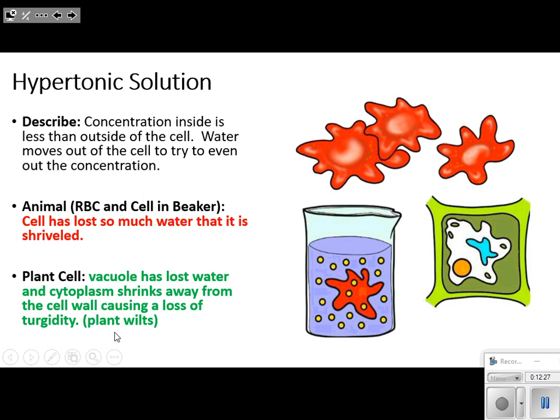The concentration outside of the plant cell is greater than the concentration inside, so the water is moving out of that cell. Once that happens, the plant wilts. If the plant doesn't get any water, will it eventually die? Absolutely, because it has wilted so much.